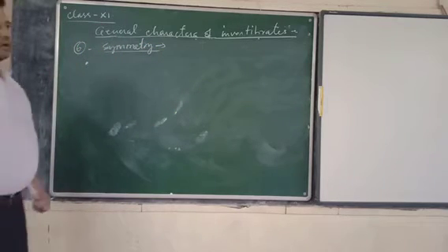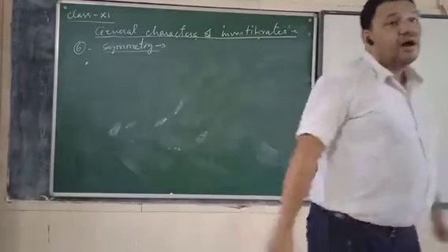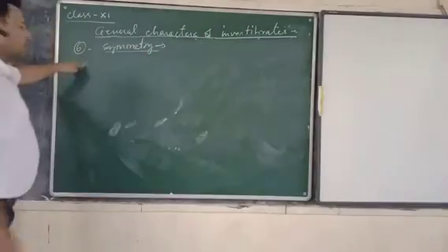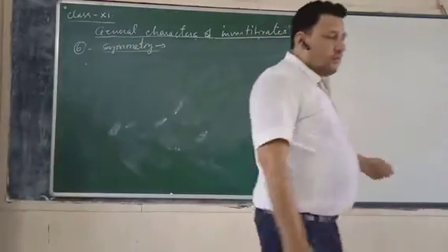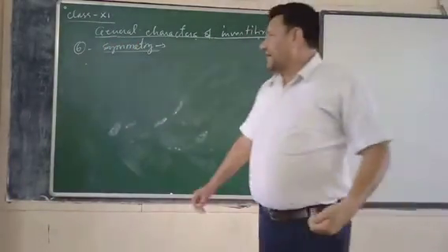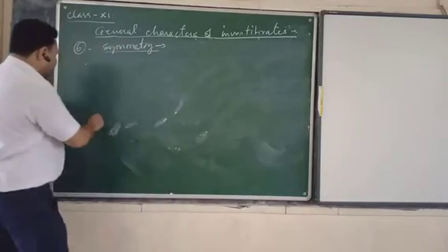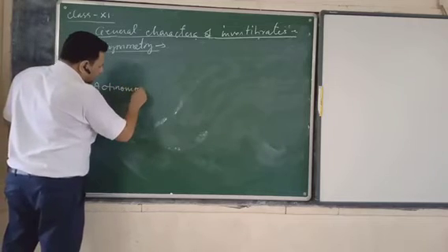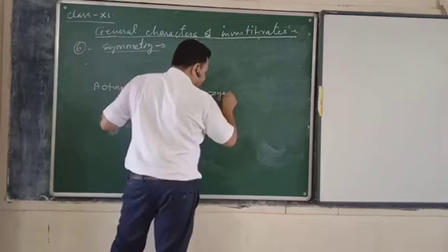Symmetry. What is the symmetry of organism? On the basis of this symmetry, organism can be classified. May I recall what you have studied in class 9 during the study of flower? Two things you have seen, actinomorphic and zygomorphic.